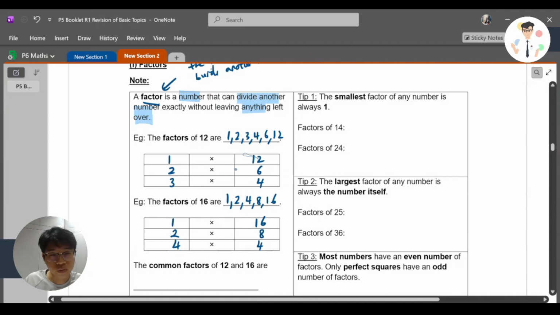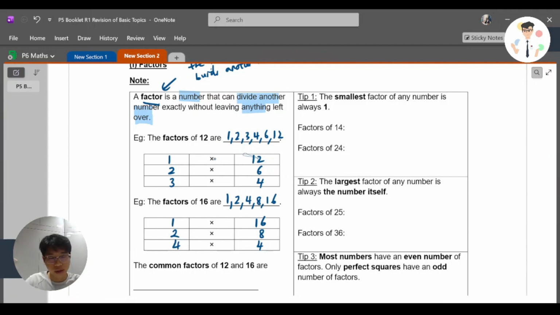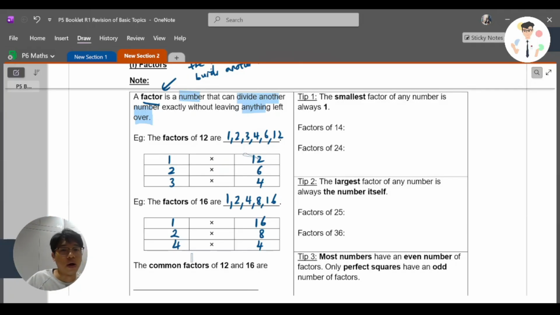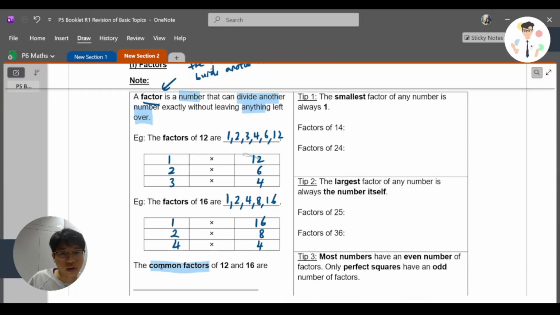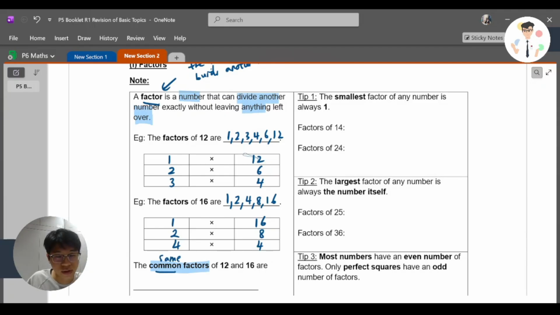Now, once you know that a factor is a number that builds up that number, sometimes you might be asked about common factors. What does common mean? Common means the same. What are the same factors of 12 and 16?